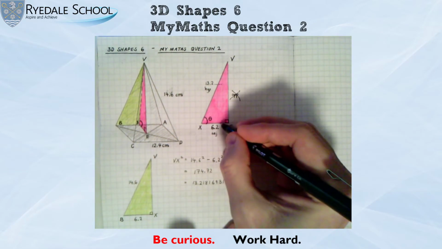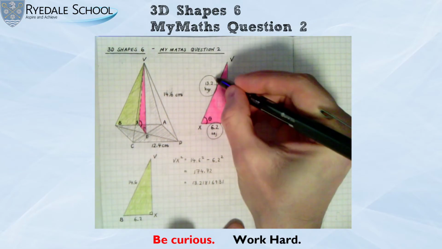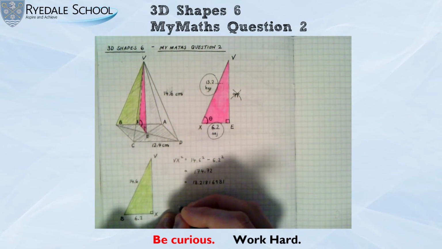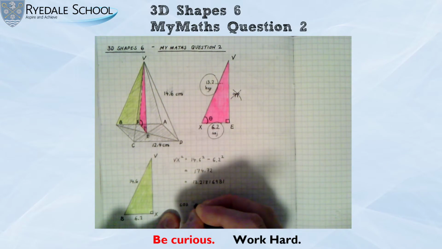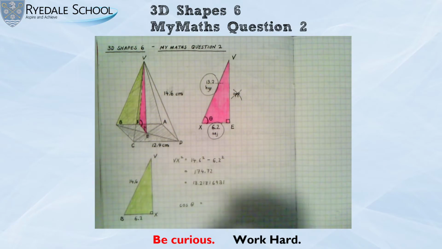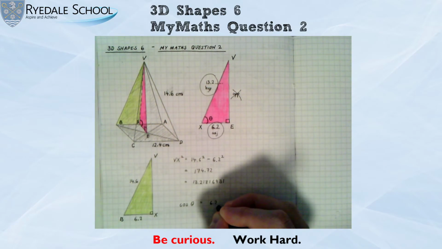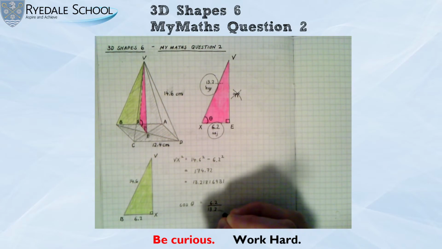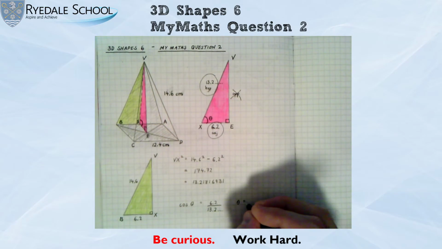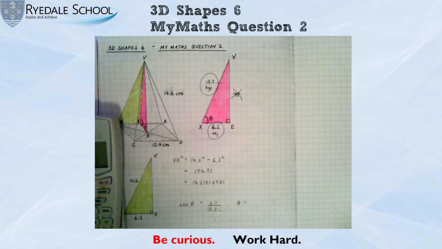So, adjacent, hypotenuse, that is going to be a cosine question. So I'm going to write cosine theta equals adjacent over hypotenuse, 6.2 divided by my 13.2, blah, blah, blah.